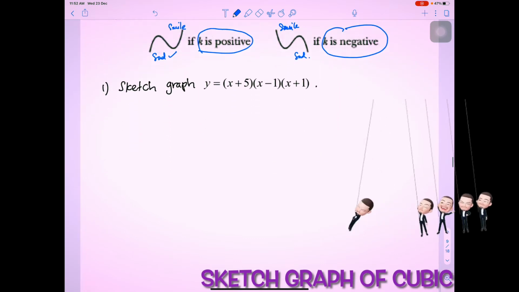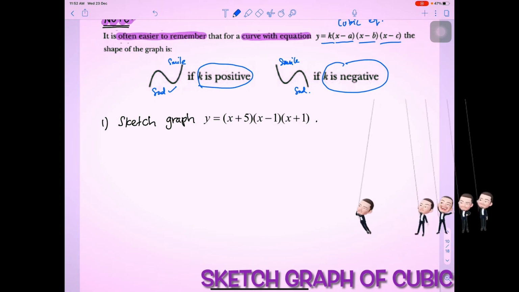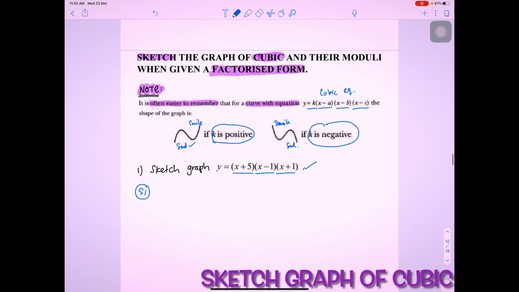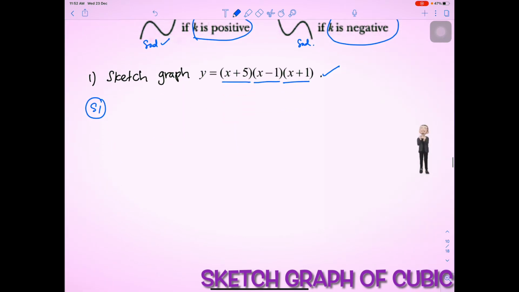Okay, let's straight away discuss sketching the graph of a cubic. Okay, so now example 1. Sketch the graph y equals (x plus 5) times (x minus 1) times (x plus 1). Okay, step 1. We do it step by step until we can sketch the cubic equation. Step 1, what do we do?